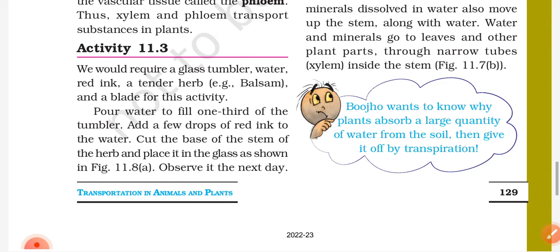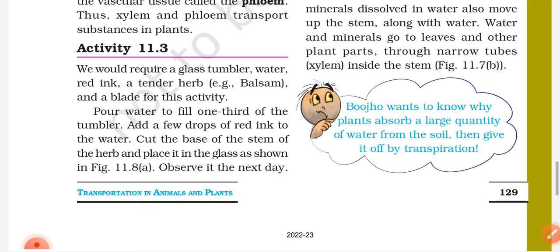Activity 11.3. We would require a glass tumbler, water, red ink, or tender herbs, example balsam, and a blade for this activity. Pour water to fill 1/3 of the tumbler. Add a few drops of red ink to the water. Cut the base of the stem of the herbs and place it in glass as shown in figure 11.8a.